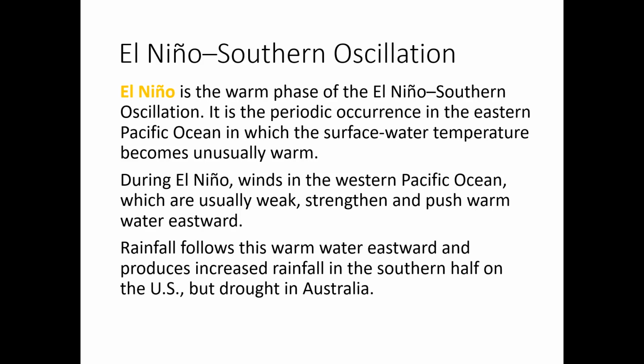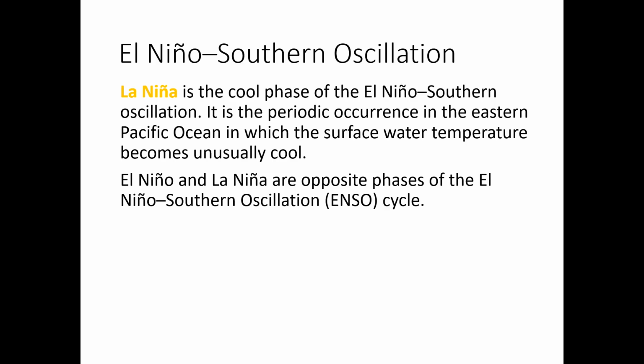What happens from this is that the winds in the Western Pacific Ocean, which normally are weak, are going to strengthen and push that warm water eastward. The result of this is that the rainfall is going to follow this warm water, and it's going to produce increased rainfall in the southern half of the U.S. But it's also going to cause drought in Australia. And then again, La Nina is just the opposite of that, where you get a cool phase that occurs.